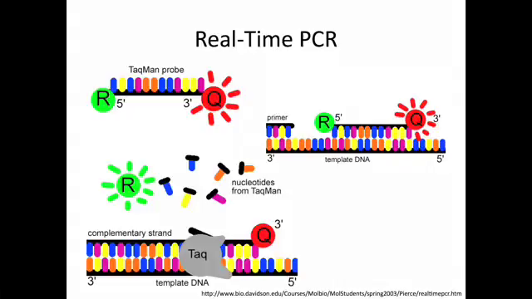And then during the extension step, Taq polymerase will come along in the 5' to 3' direction from left to right here on the top, and it will actually chew up this probe that's already there. This reporter is then released, and it's no longer being quenched by the quencher on the other end of the probe, since they're not in physical proximity anymore.